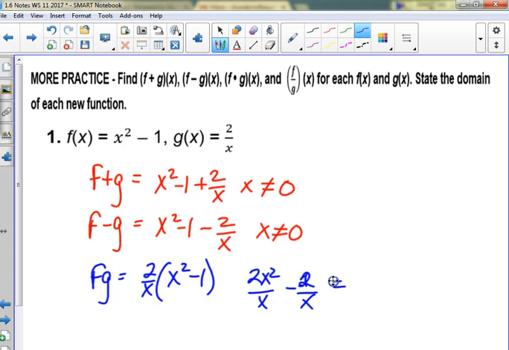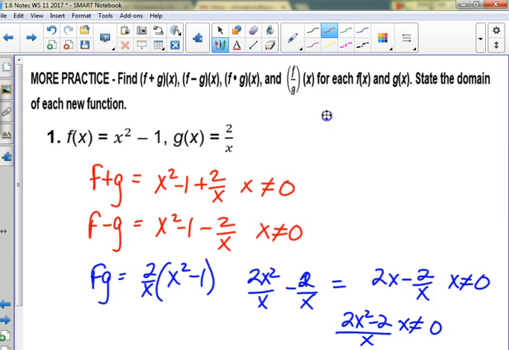Which would simplify to what? 2x minus 2 over x, where x can't be 0. If you had written it as 2x squared minus 2 all over x, that's equivalent, and it doesn't simplify. If you want to leave it as one fraction instead of 2, I don't really care.